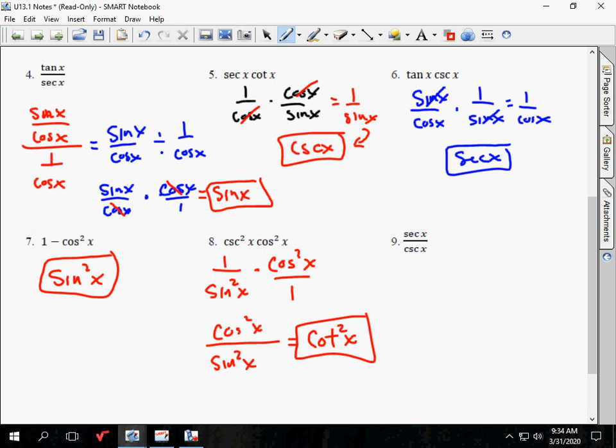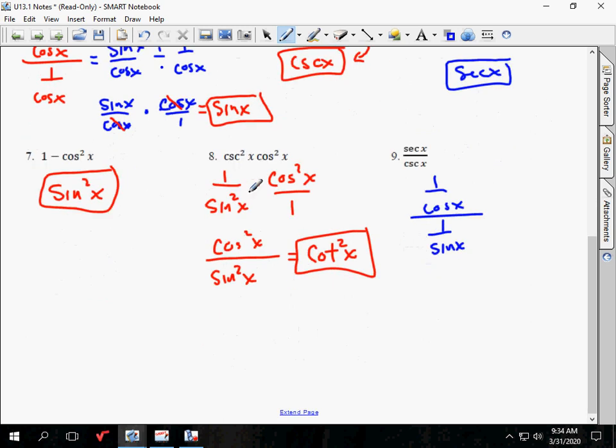All right, and then number 9. Kind of like we did number 4, secant is 1 over cosine, and cosecant is 1 over sine. Then we could change this to a division problem: 1 over cosine divided by 1 over sine. Change it to a multiplication problem and do the reciprocal.